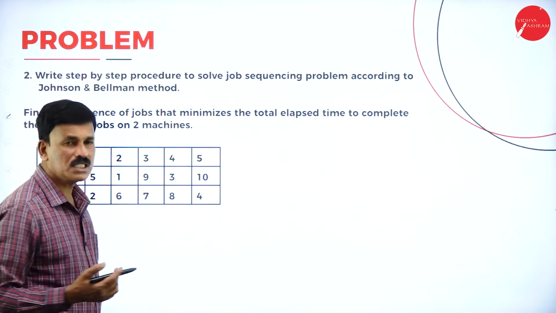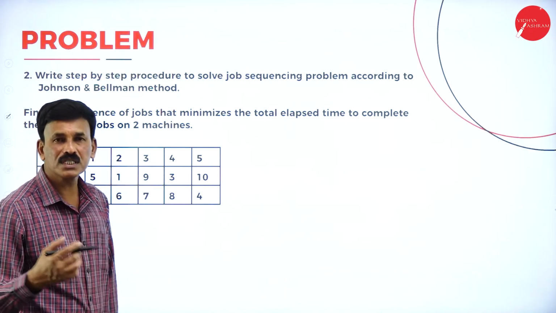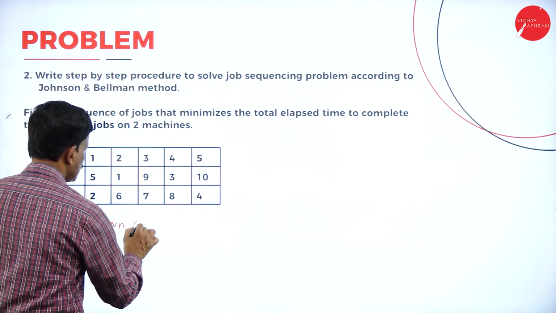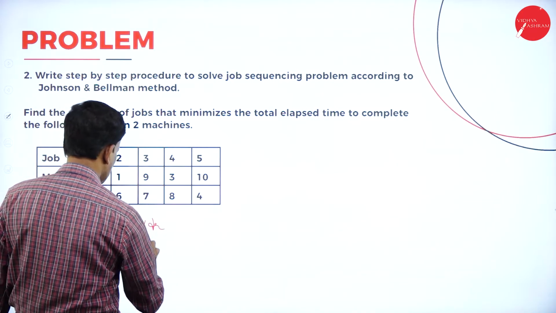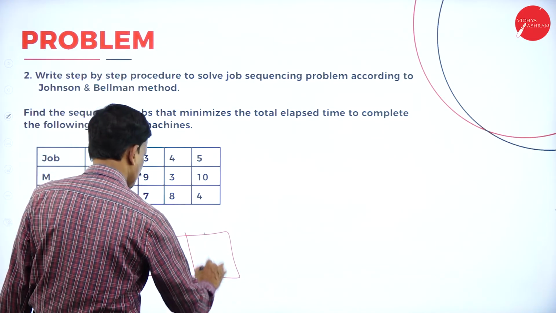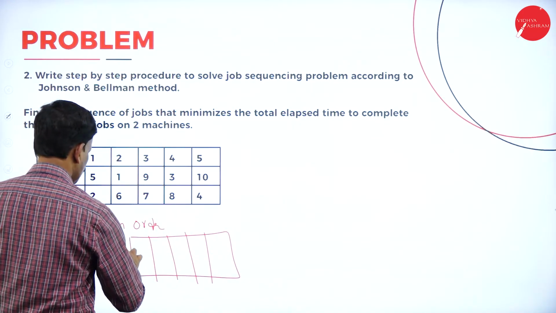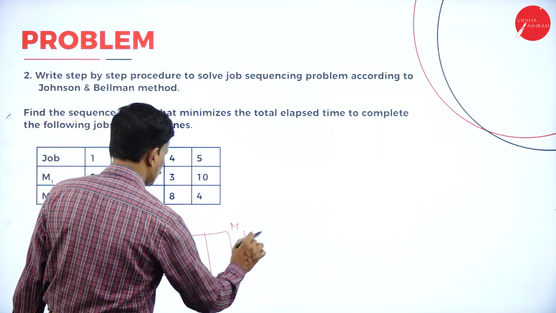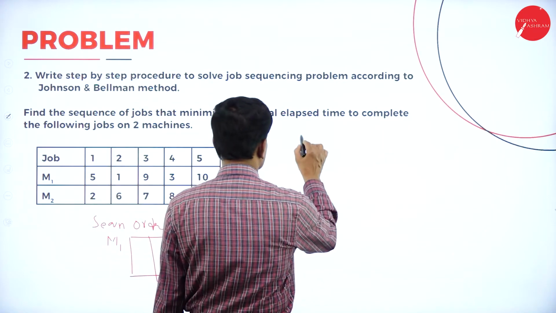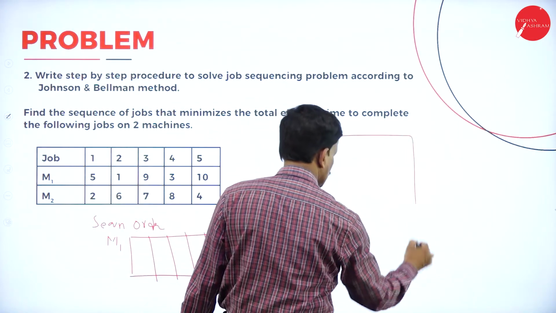Okay. To solve this problem, let us find out the sequencing order. The sequencing order is to be determined. This is 1, 2, 3, 4 and 5. This is for machine 1 and machine 2. Okay. Now write down the table here like this.